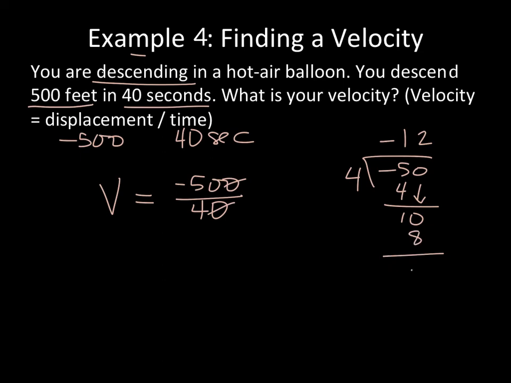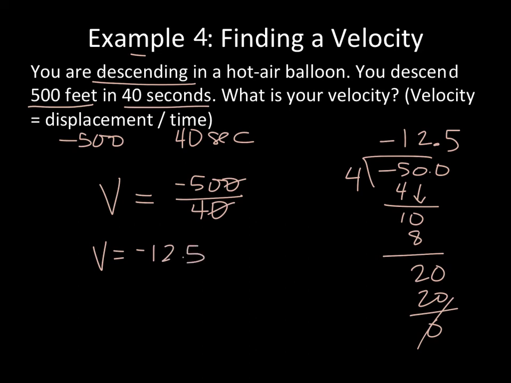We have remainder 2, so I'm going to add a decimal and another 0. 20 divided by 4 becomes 5. From there, 20. 0, so we're good. So negative 12.5 is my velocity.